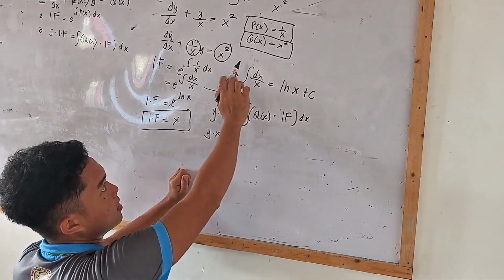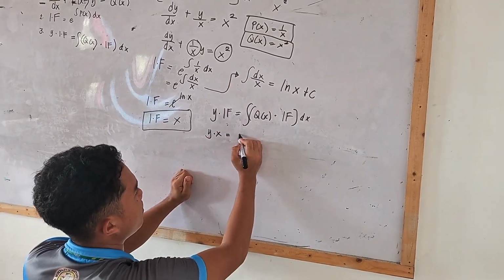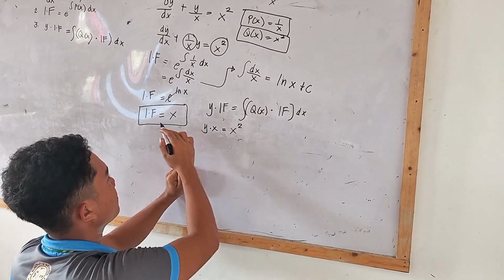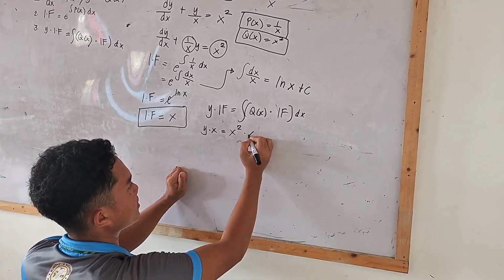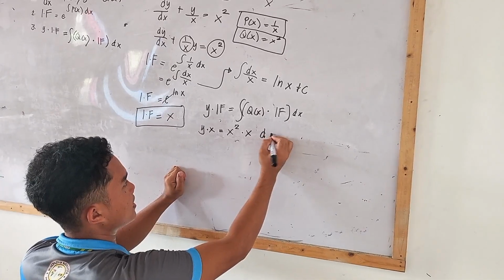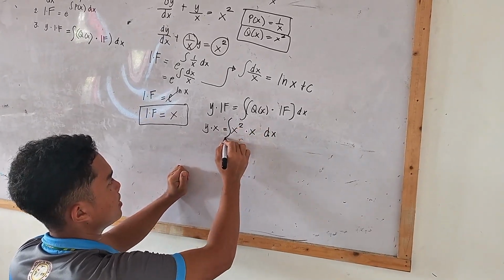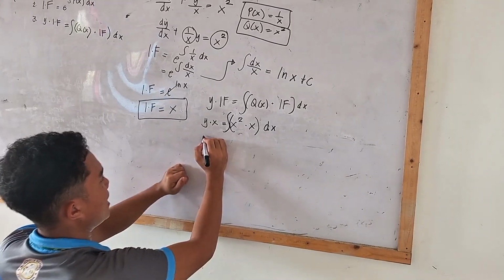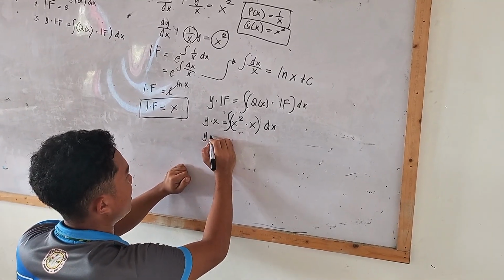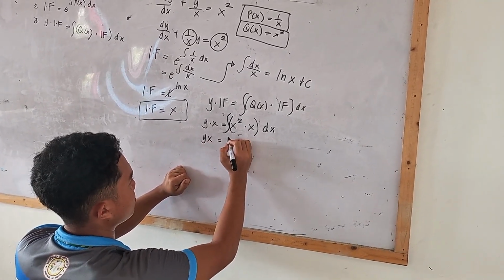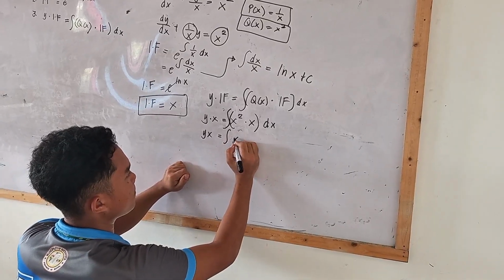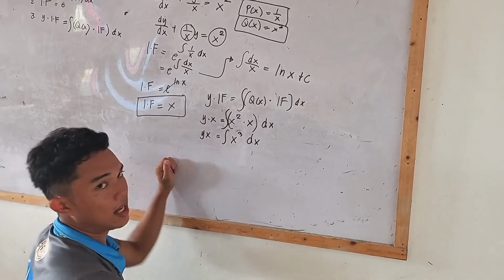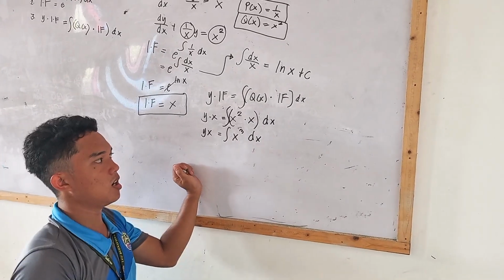Q of x is equivalent to x squared. The equivalent of IF is x, then dx. So now simply multiply x squared by x, which will become x cubed dx.